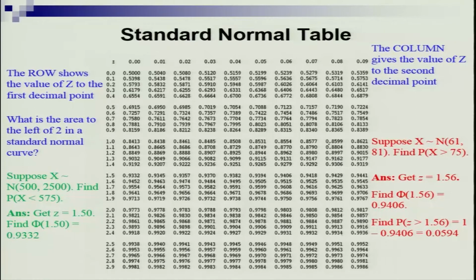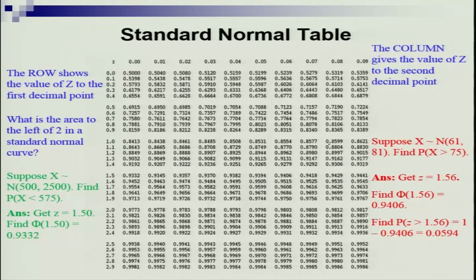How do I get it? I subtract 61 from 75, and then I divide it by 9, and this is the way I get the z score. Now, I am interested in finding the corresponding cumulative probability, which is given by the mathematical expression capital phi of 1.56 from the standard normal table.